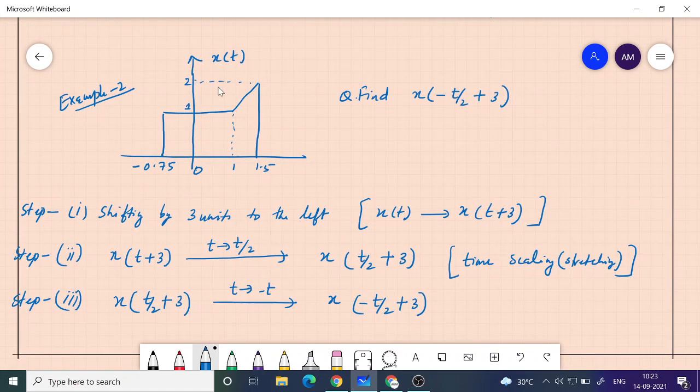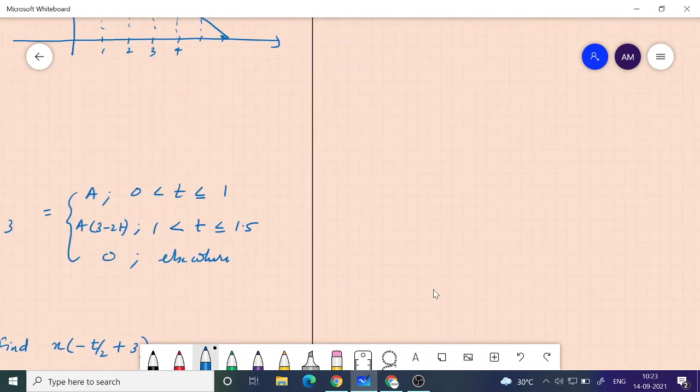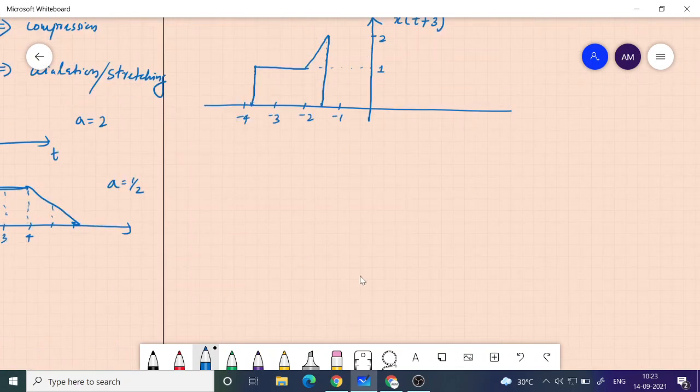So here I have x of t plotted. You take the signal and advance it by 3 units to the left. From minus 0.75 to 1, what is the duration? 1.75 is the duration where it remains at 1, right? When you shift, that should not change. So for 1.75 duration, it should remain. So this point is basically minus 3.75.